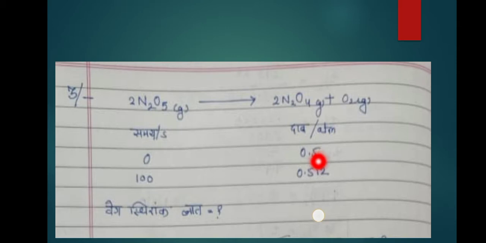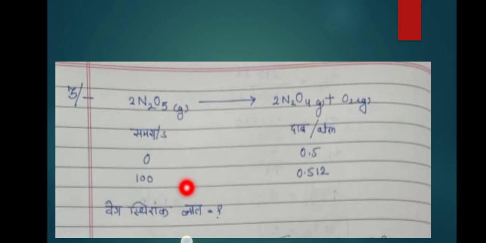After 100 seconds, the pressure becomes 0.512. This is the total pressure of the reaction mixture, and we have to calculate the rate constant K.